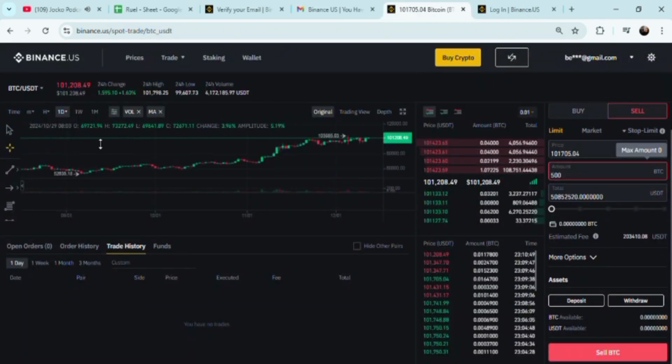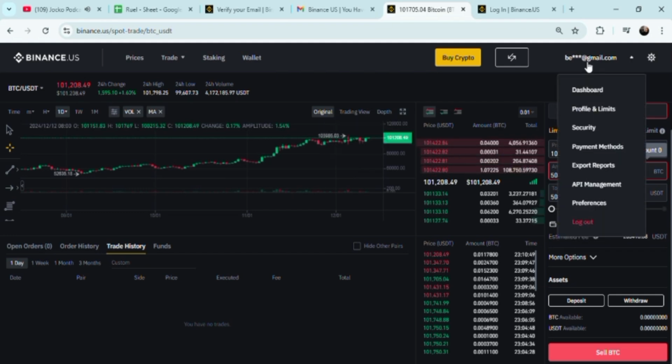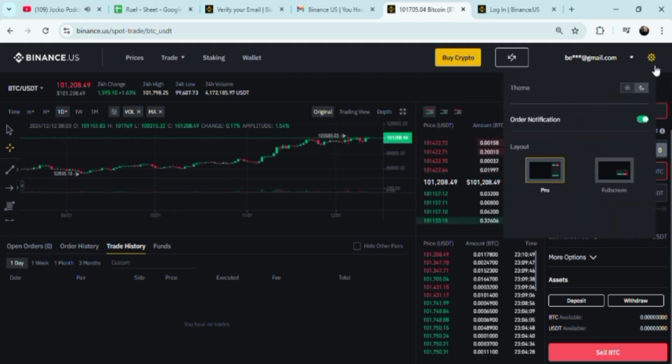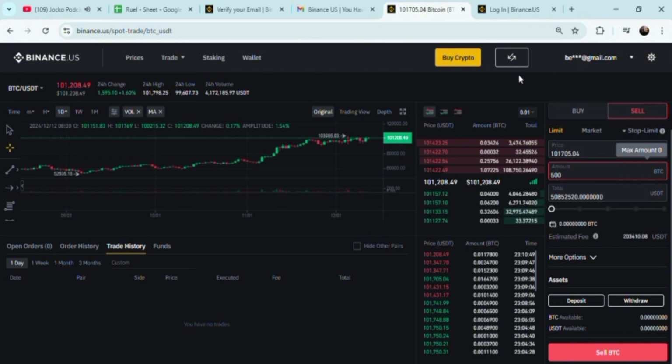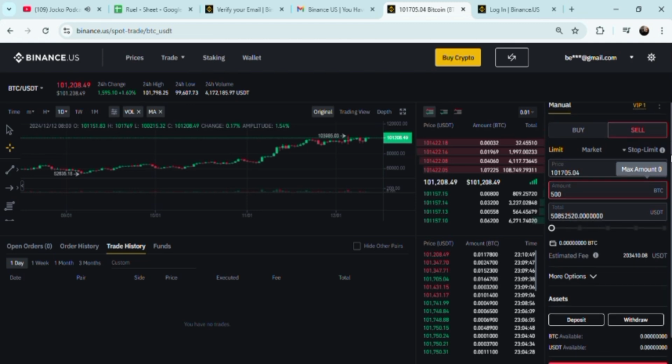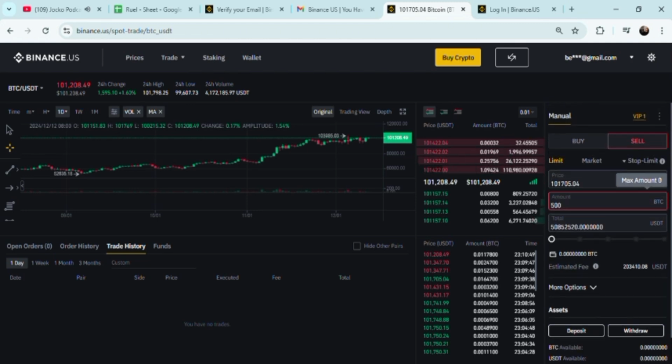I mean the mobile, but I really never tried the Pro version on mobile that much. So again, start small, trade with low amounts, and keep emotions in check. Use limit orders to practice setting entry and exit prices, very important.